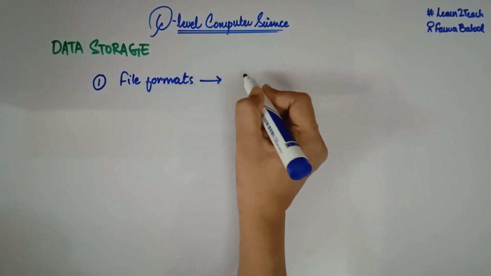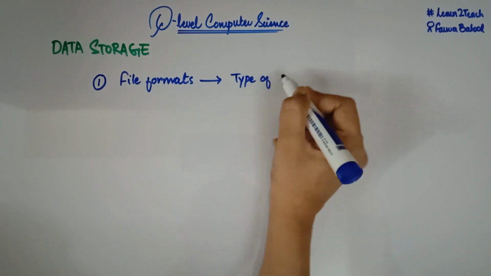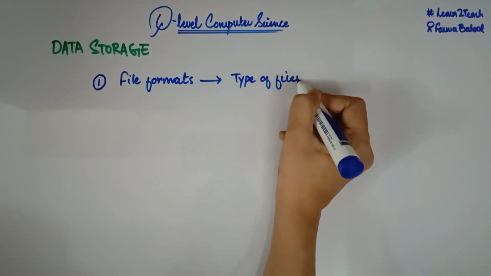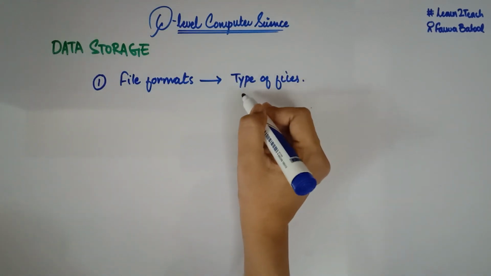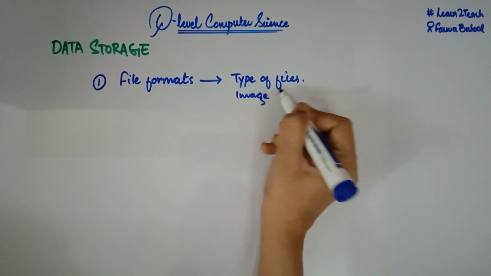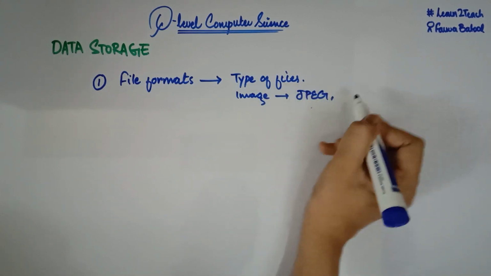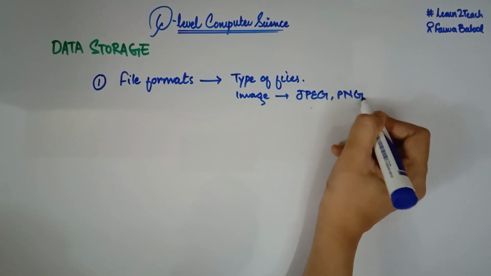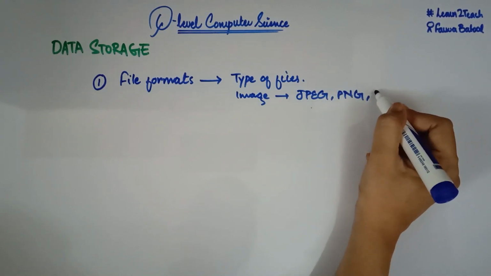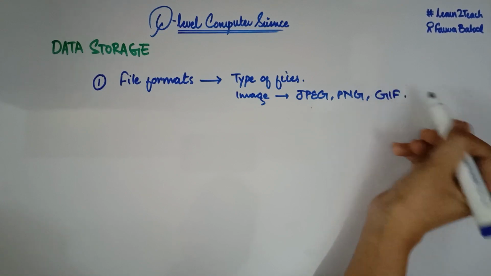For example, if we have an image file, we have file formats like JPEG, PNG, GIF.